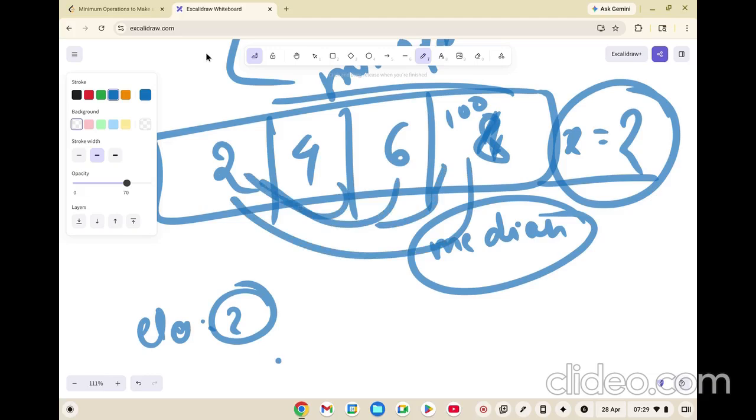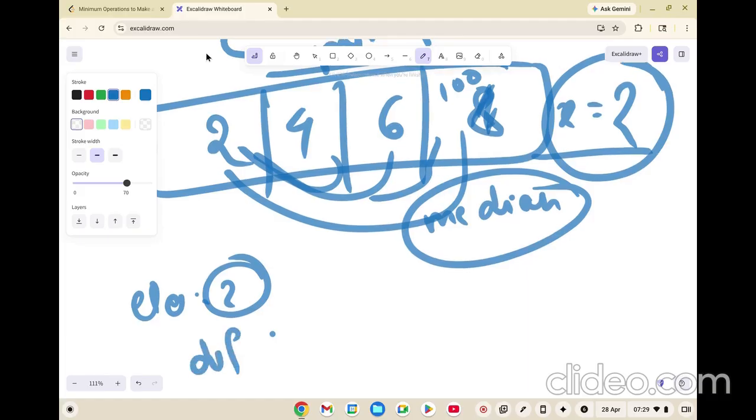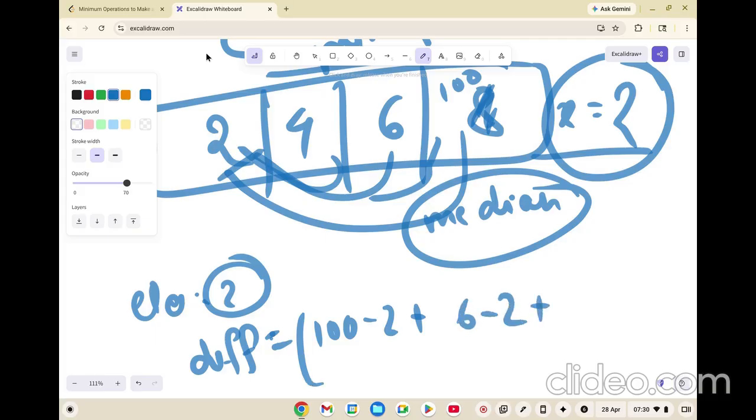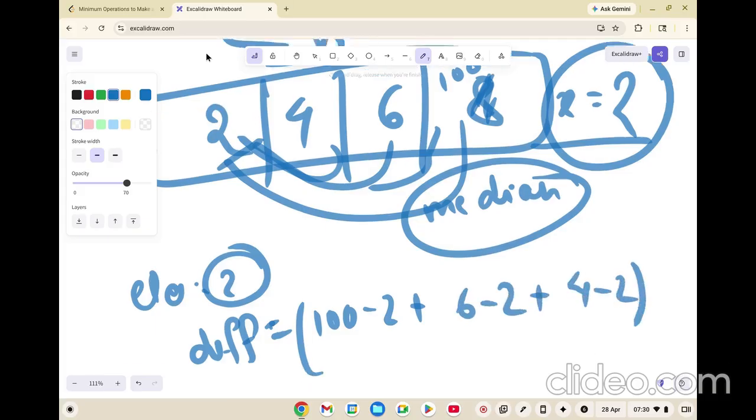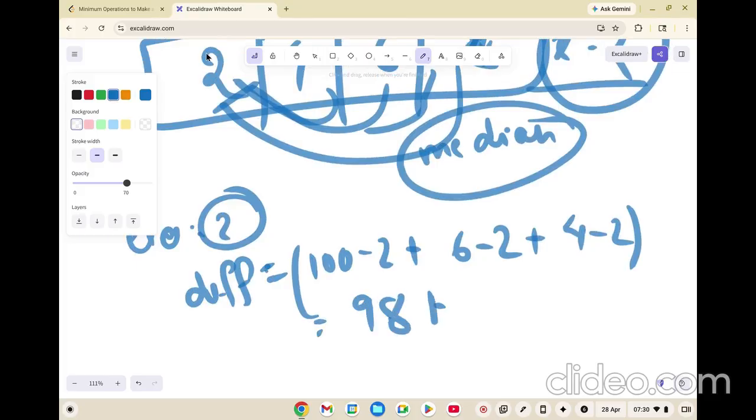How? Let's find the difference to understand. If I wanted to make every element 2, the difference will be 100 minus 2 plus 6 minus 2 plus 4 minus 2, so it will be 98 plus 4 plus 2, which is 104.